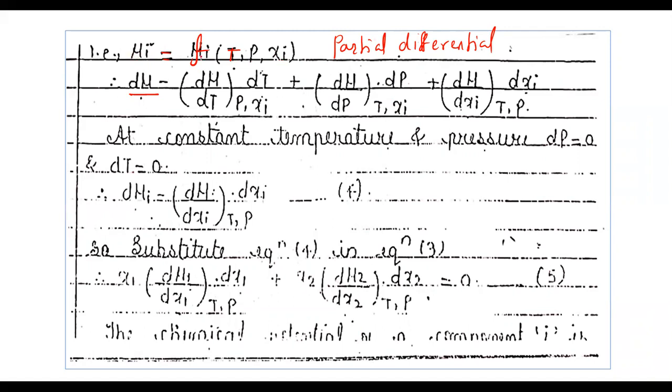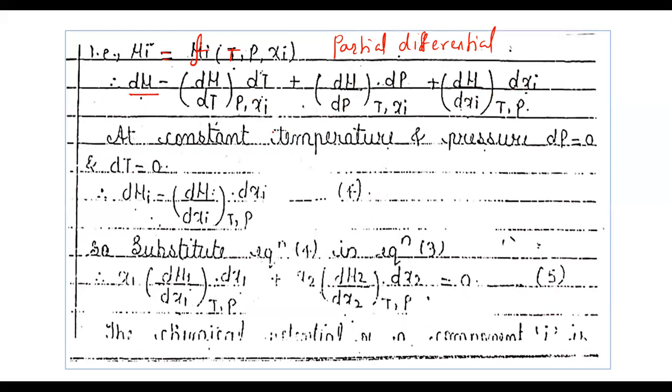As the temperature changes, the chemical potential changes; as the pressure changes, the chemical potential changes. So by partial differentiation, d mu equals the change in chemical potential with respect to temperature multiplied by dT at constant pressure and mole fraction, plus the change with respect to pressure into dP at constant temperature and mole fraction, plus the change with respect to mole fraction at constant temperature and pressure.